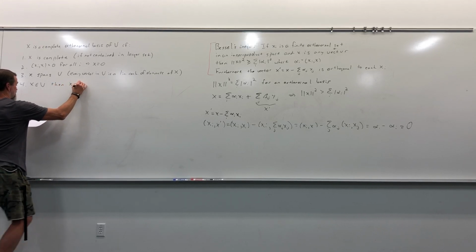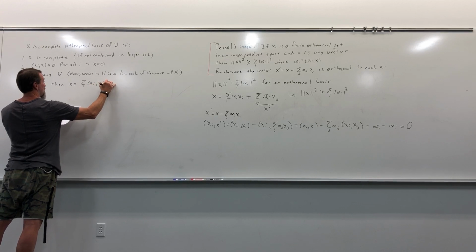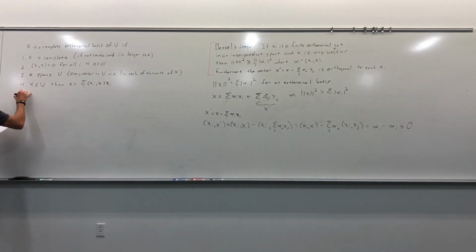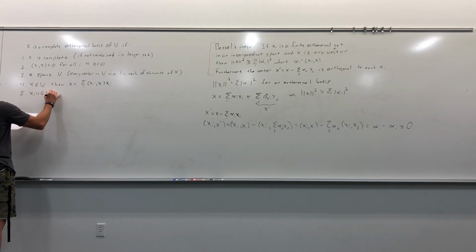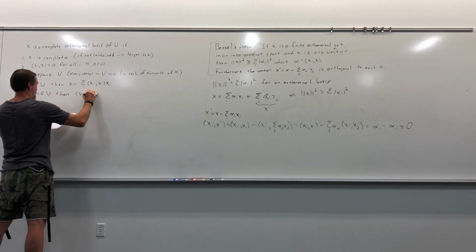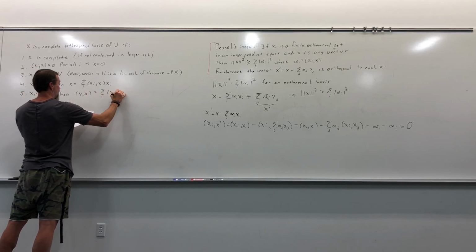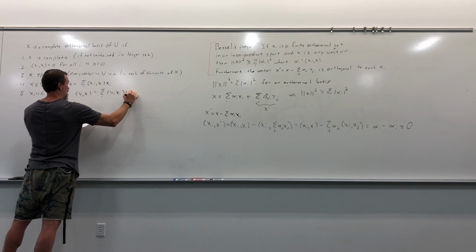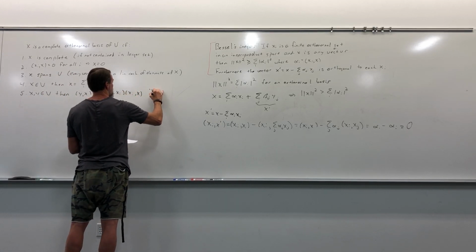For 4, if X is in V, then X is the sum over i of (X, xi) xi. 5, if X and Y are in V, then (Y, X) is the sum over i of (Y, xi)(xi, X), which is called Parseval's equation.